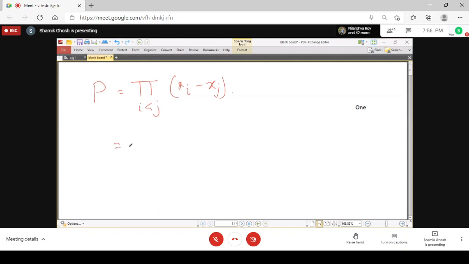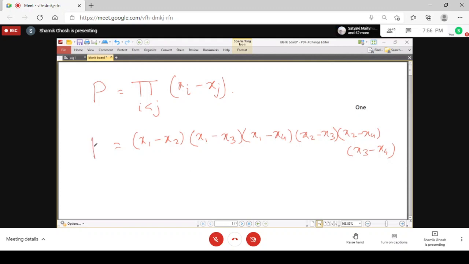For example, for x1 to x4, I am writing the expression x1 minus x2, x1 minus x3, x1 minus x4, then x2 minus x3, x2 minus x4, and then x3 minus x4. So you see here the product of all the differences of the distinct xi's, such that i is less than j, that is, xi minus xj.